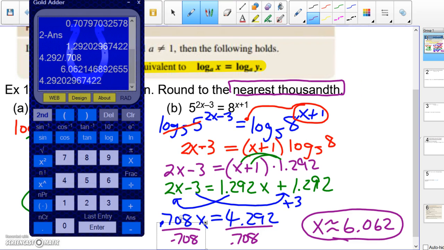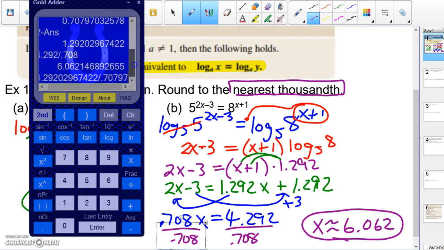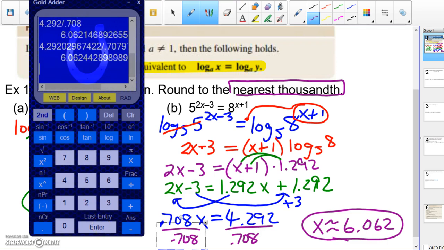From above, I took that 1.29 number and added the 3, and then divided by the 0.70797, the number that you'd see right there. That way we don't have to round. And so sometimes you could run into a rounding error on this last decimal place, so you've got to be careful with the rounding. So I'd probably recommend keeping more than just the 3 decimal places.